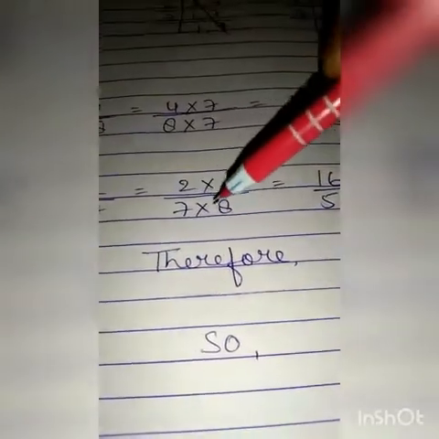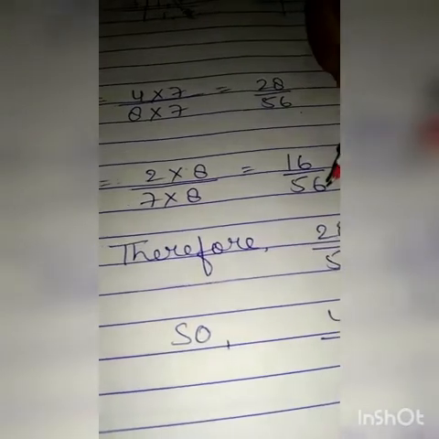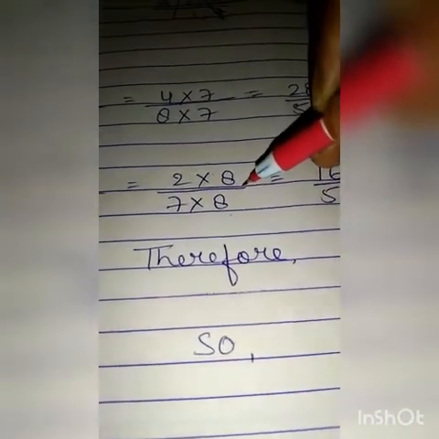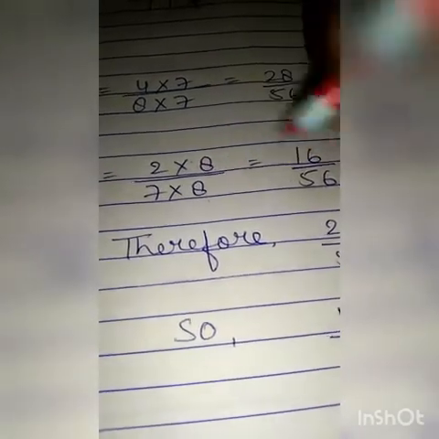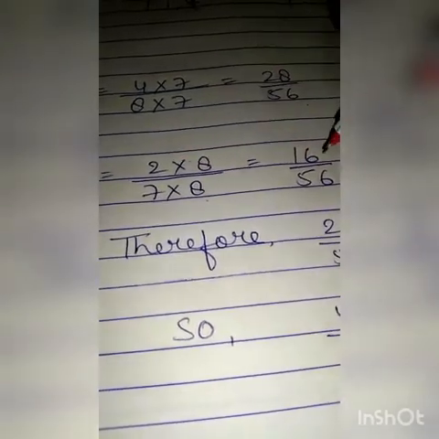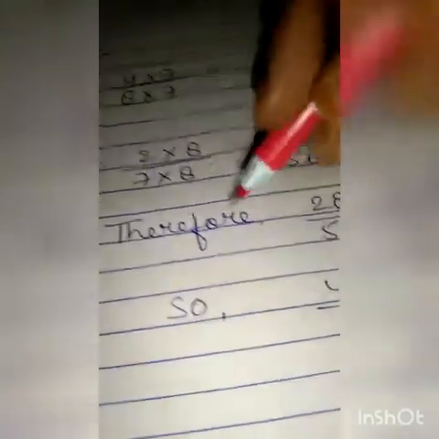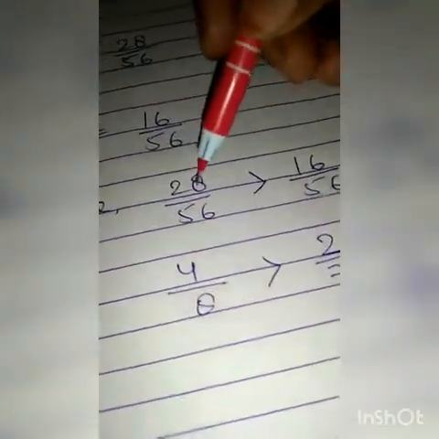So 28 upon 56 is the first fraction. Now 2 upon 7. In 7's table, 8 times 56 comes, 7 8s are 56. As we have written 8 here, we will write 8 here also. So 2 8s are 16. 7 8s are 56 and 2 8s are 16. So 16 upon 56 is the second fraction. Therefore 28 upon 56 and 16 upon 56, which one is greater, children? 28.